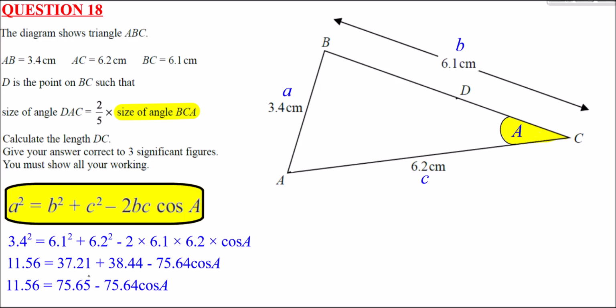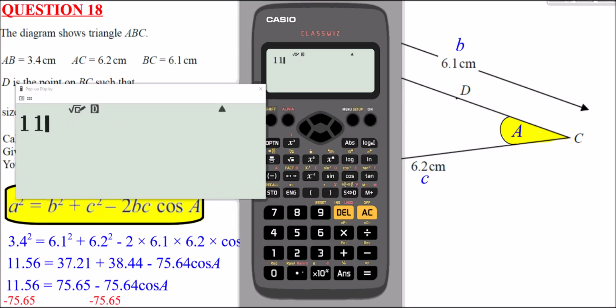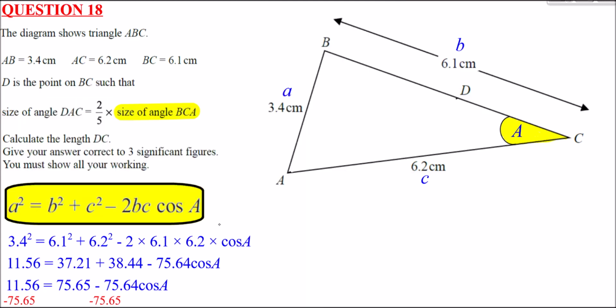We can subtract this from both sides. If we take 75.65 from both sides, then the 11.56 is going to become minus 64.09. So the next step is that minus 64.09 equals minus 75.64 cosine A.